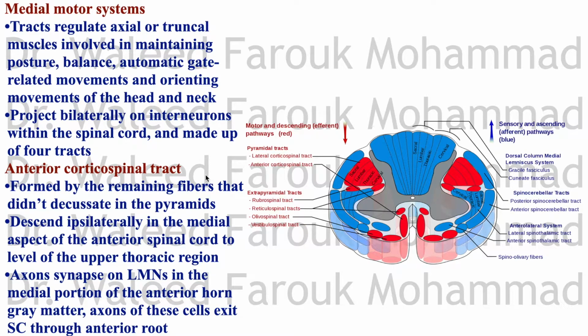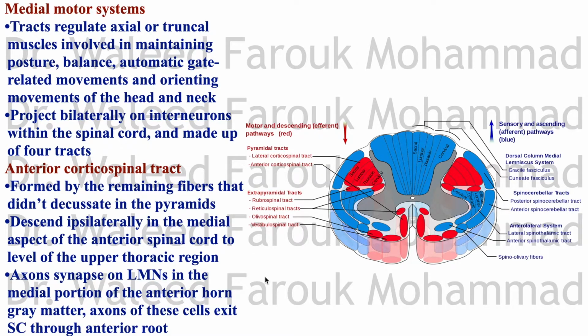The anterior corticospinal is the first one, the one you see here. It is made of the few fibers of the corticospinal tract that remain uncrossed, remember. They do not decussate in the pyramid and descend ipsilaterally in the medial aspect of the anterior part of the spinal cord to the level of the upper thoracic region.